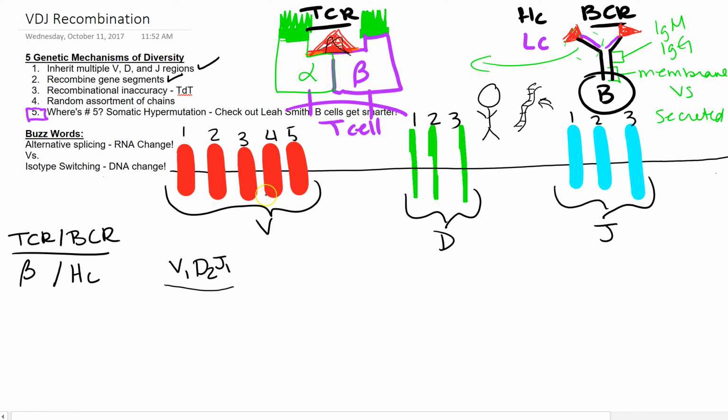We took one V region, one D region, and one J region, and we made a chain. Great, that'll work. And then let's say another cell made V2, D3, J2.